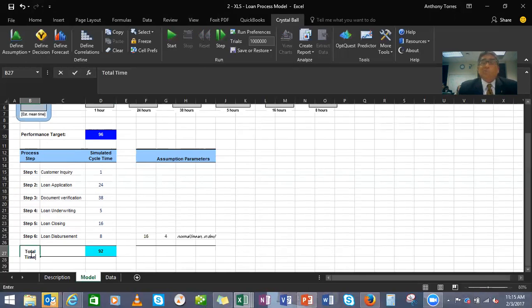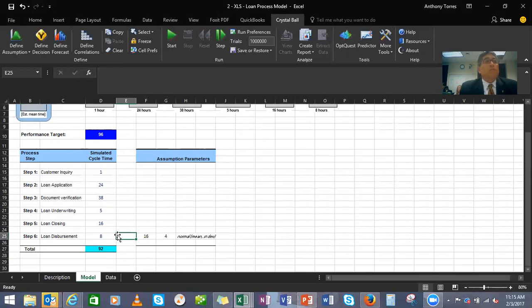What is the first thing that comes to my head when I look at a model after I've identified my objective function? It's where is this error coming from? Which one of my inputs is driving the error?